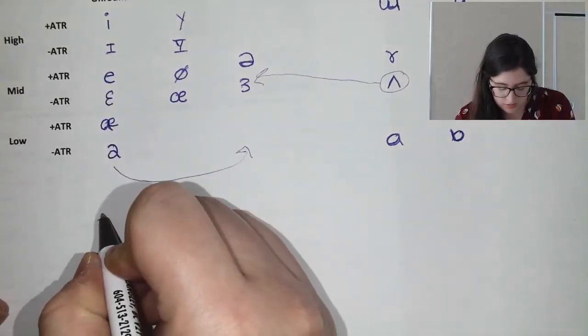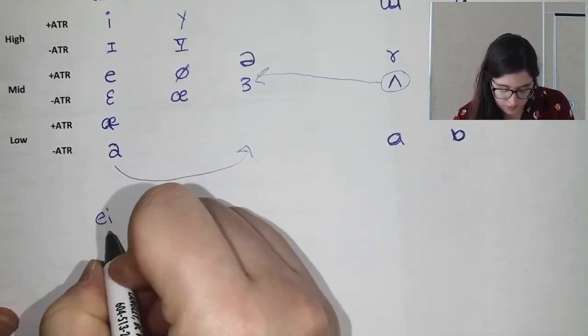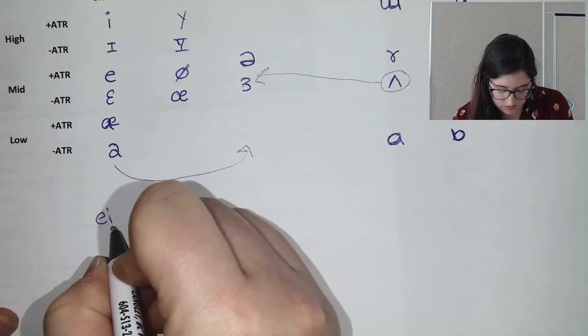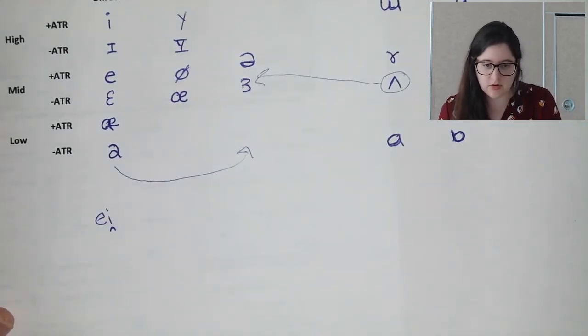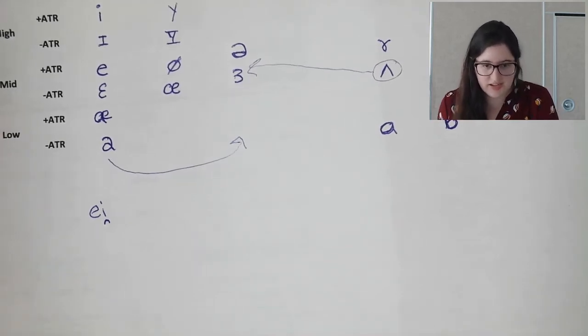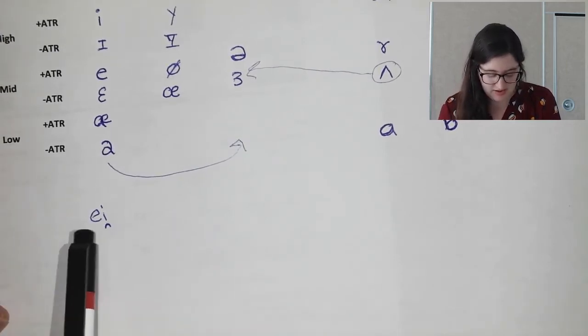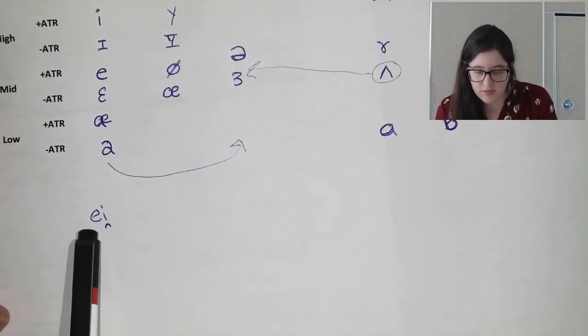So if we wrote A as a diphthong, we would put a little semicircle symbol. It's a non-syllabic diacritic for those of you that care, to represent that this is the main vowel in this diphthong and this is the secondary one.